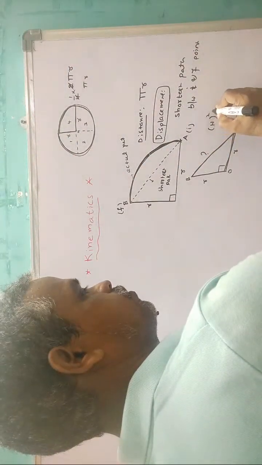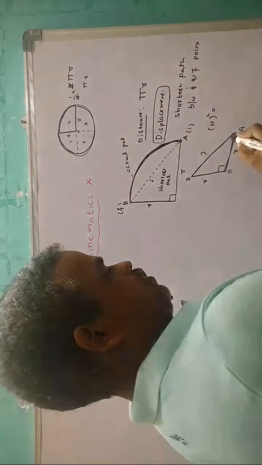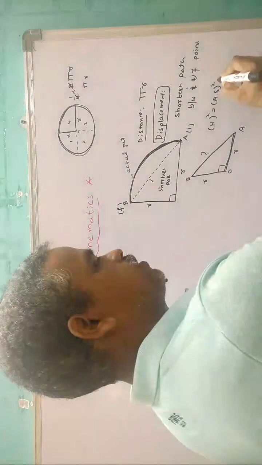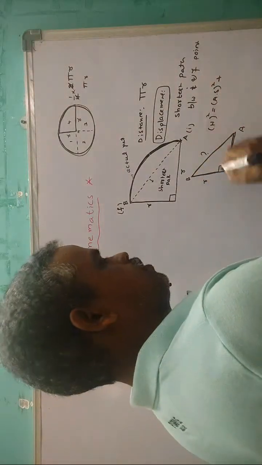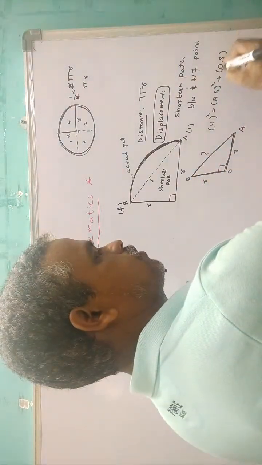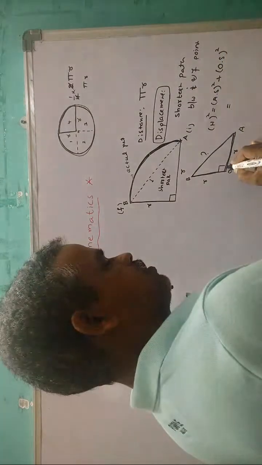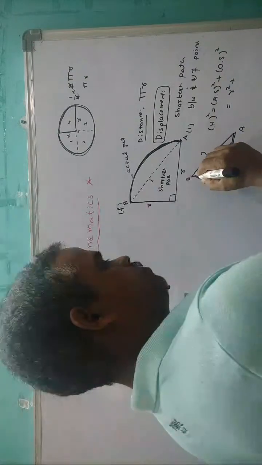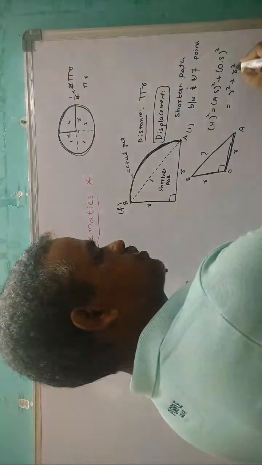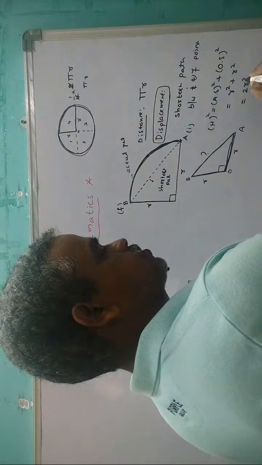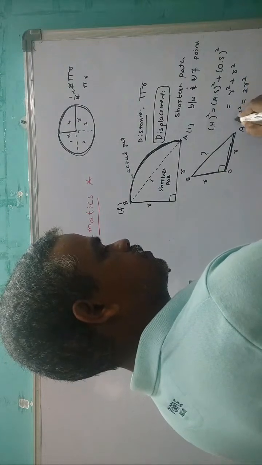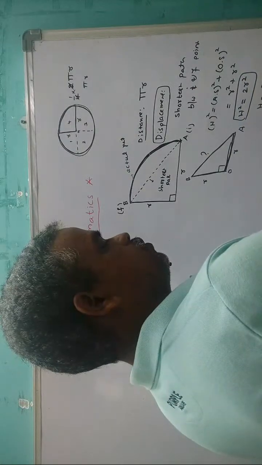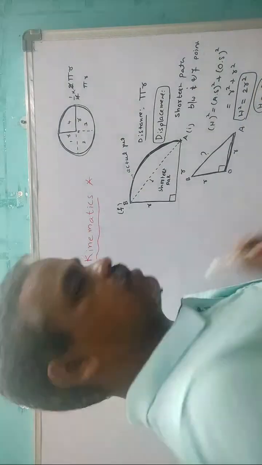Hypotenuse square equals adjacent side square plus opposite side square. The adjacent side is r square, the opposite side is r square, so you got 2r square. So h square equals 2r square, and h is root 2 r. Is it okay? Yes or no?